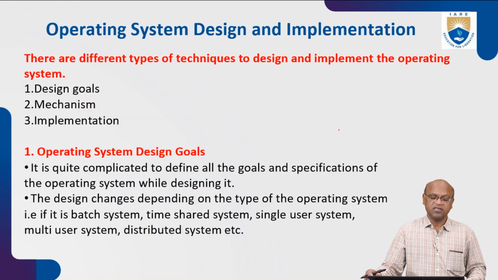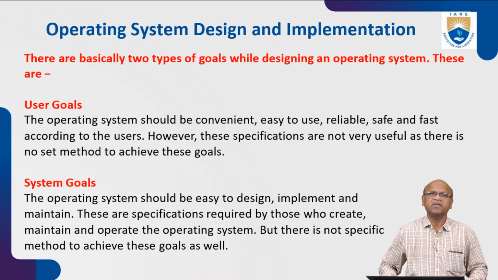The design changes depending upon the type of operating system: a batch system, time-shared system, single-user system, multi-user system, distributed system, etc. So for whom are we making this operating system? For a single user, a multi-user, or a batch system, and accordingly we have to design the goals.